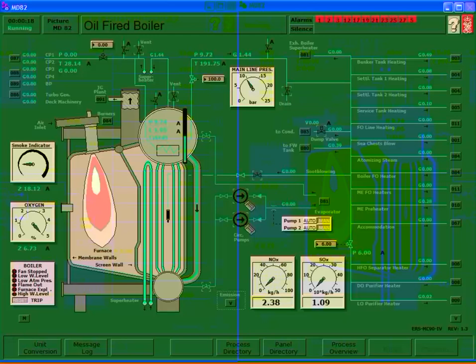Now, in this particular installation, we do have a steam turbine that is used to take what we can't use for heating services, we put into a steam turbine to generate electricity.